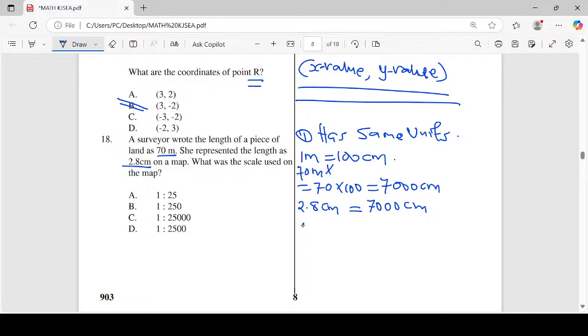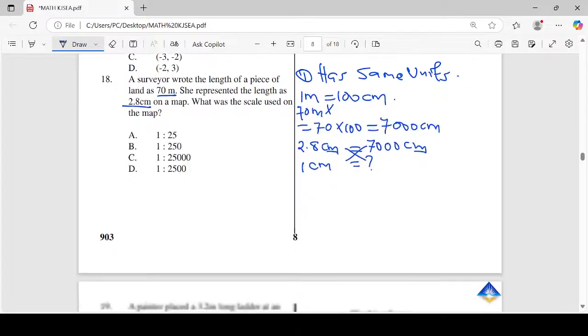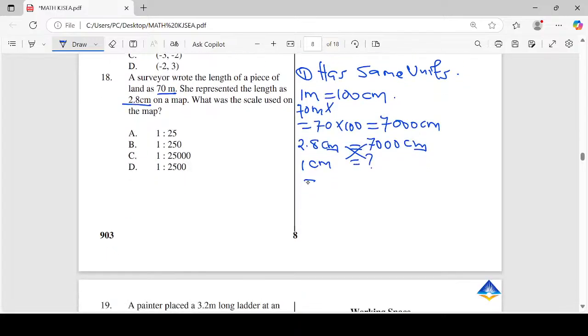What will 1 centimeter on a map represent? That's how you do it. Make sure you say I'm having similar units, learners. Then you cross multiply. When you cross multiply, you are going to have 1 times 7,000, divide this by 2.8.